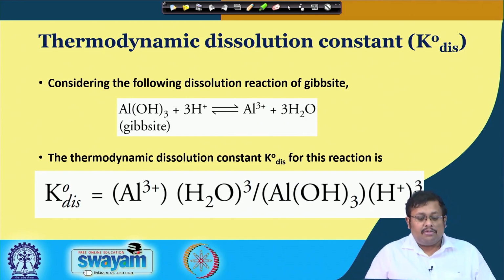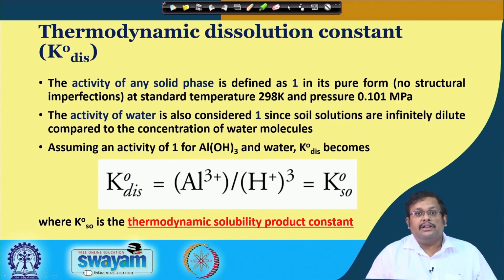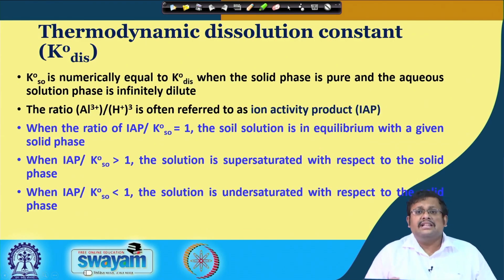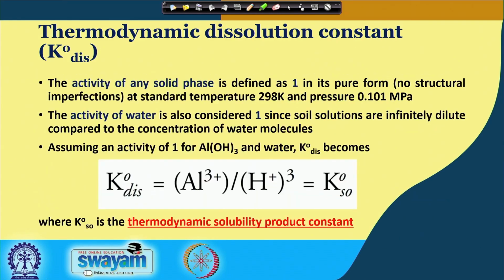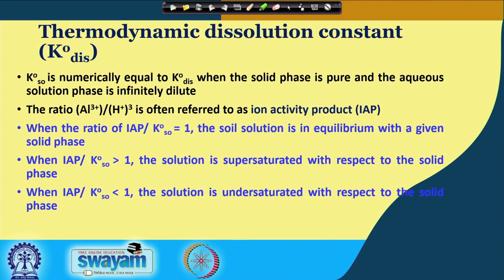And based on this thermodynamic dissolution constant, how we can calculate the thermodynamic solubility product constant, and what the relation is between the ion activity product and the solubility product constant, and how it governs the solubility or precipitation of different mineral phases.